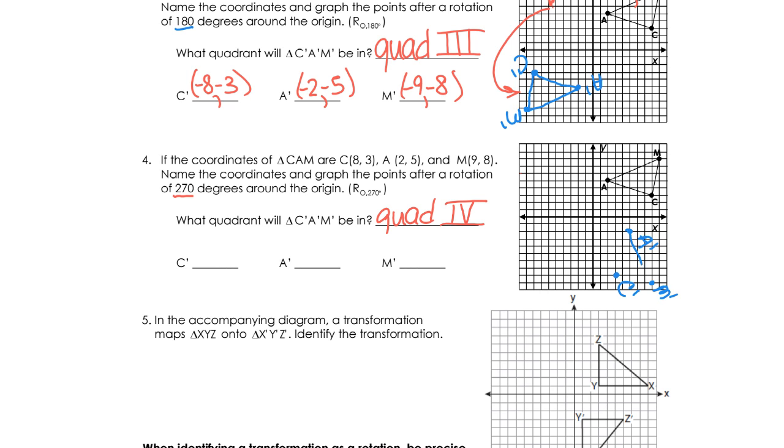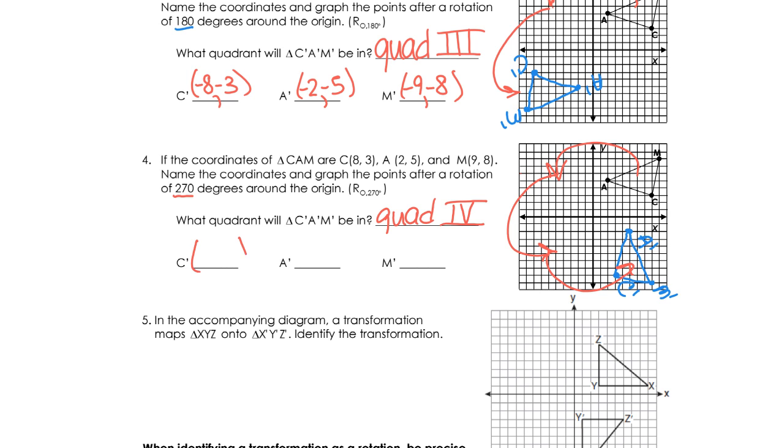When we graph our triangle and turn our paper back, our triangle looks like it has rotated once to be 90 degrees, twice to be 180, and then 3 times to be 270 degrees. One more turn would be 360 degrees, and it would put the triangle right back on itself.